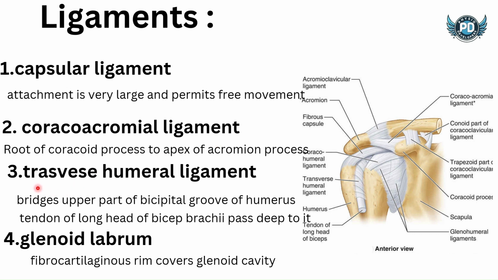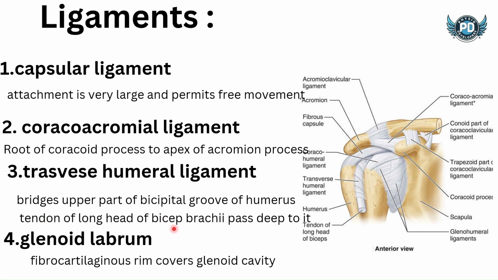And coming to the transverse humeral ligament, this transverse humeral ligament is present in humerus head. Humerus head contains one lesser tubercle, one greater tubercle. In between them, there is a groove called bicipital groove. This transverse humeral ligament bridges the upper part of the bicipital groove of humerus.